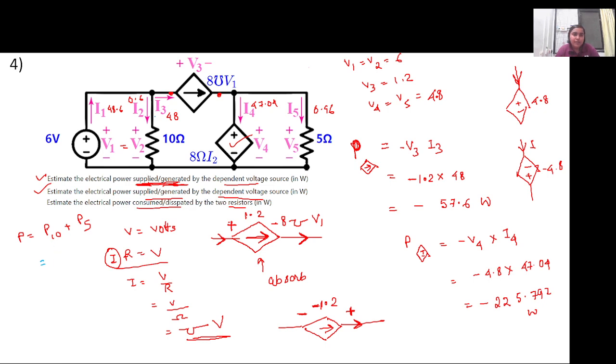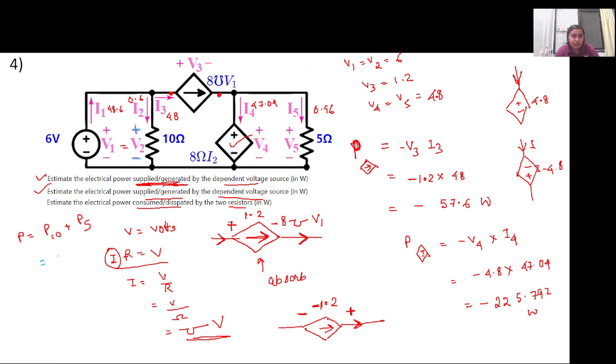So for the 10 ohm resistor, I2 current is flowing in, and in this case you observe, ma'am, V2. Can we write it as V2 into I2? Yeah, I guess it will be the same thing, V2 into I2. Yes, ma'am. Okay. So let's write V2 into I2 itself.